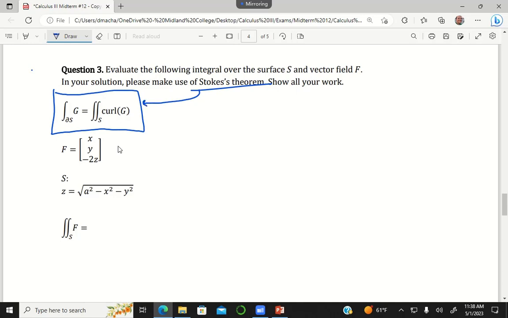It says we have a vector field G, and since I'm trying to find the surface integral over my vector field f, what I want to do is find a vector field G such that the curl of G is equal to f.